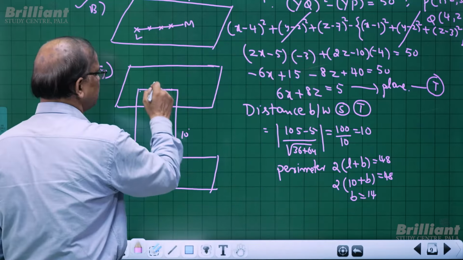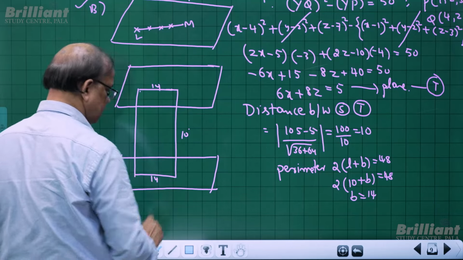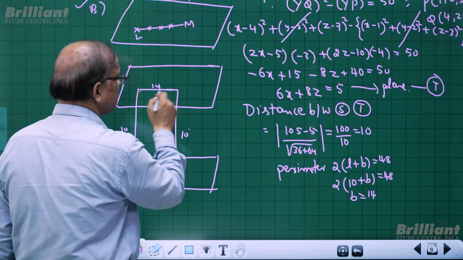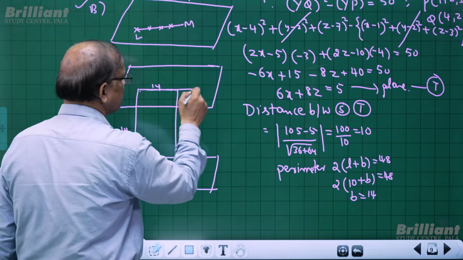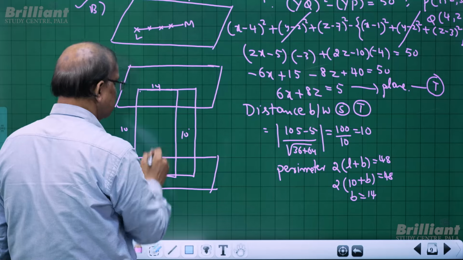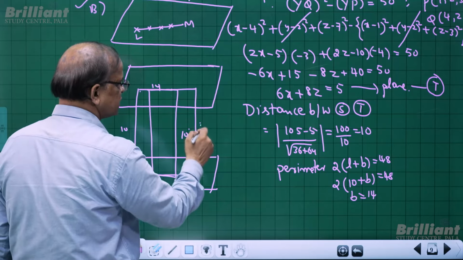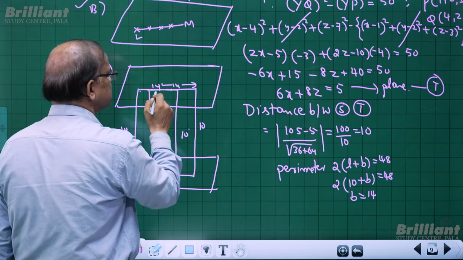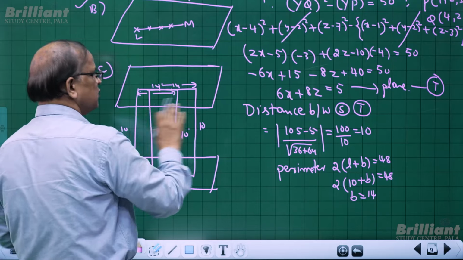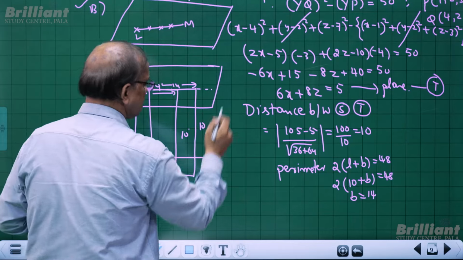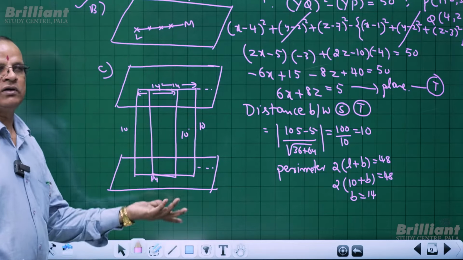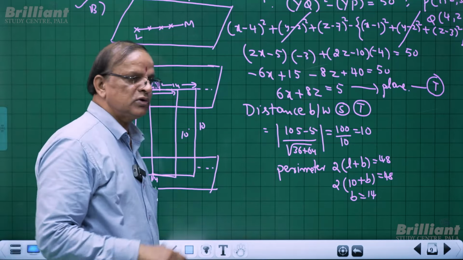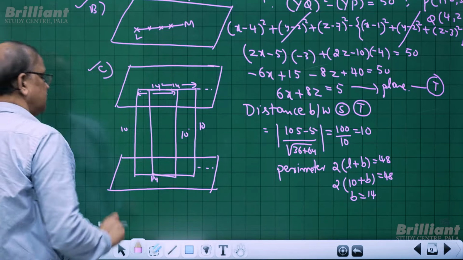So, this 14 is possible, right. Therefore, you can take another also like here, 14 like this. This is 10, again 14. This is 14, this is 14. So, like that we can construct infinite rectangles with perimeter 48. So, therefore, C is correct, right.